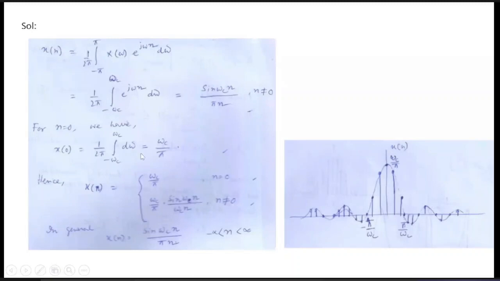Its magnitude at n equal to 0 is omega c by pi. So in the time domain signal we get omega c by pi at n equal to 0, and outside that it is a sinc function, where x n is sine of omega c n divided by pi n.